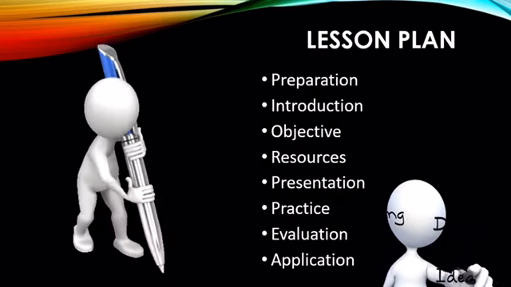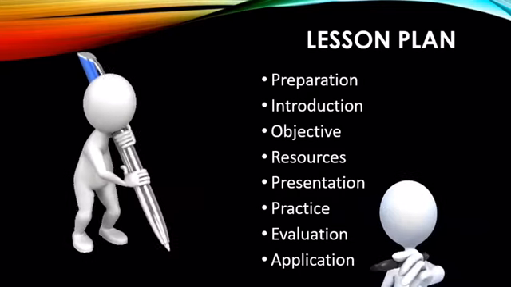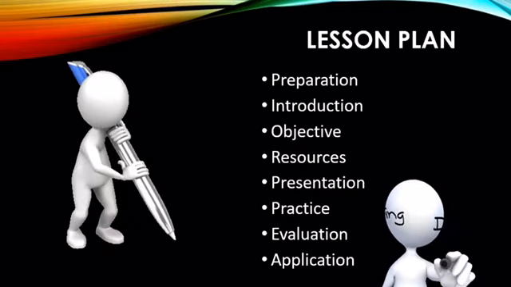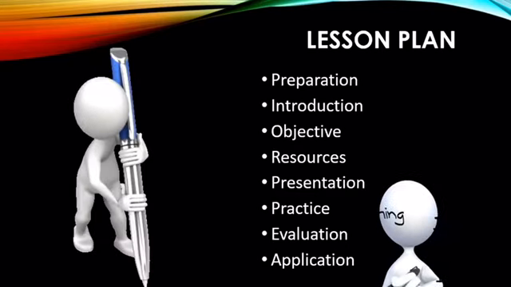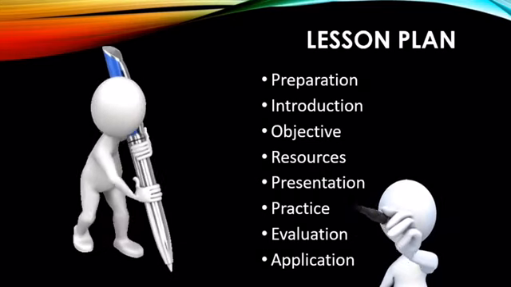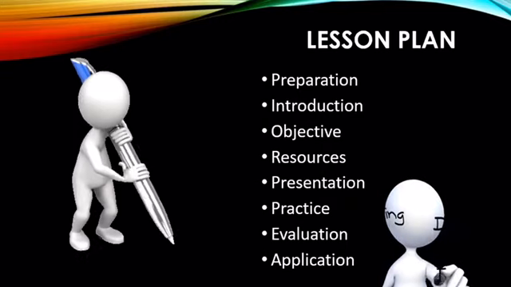The difference of this lesson plan from the regular lesson plan is in its objective, in its presentation, in using the resources and in the evaluation. These are the four major components where you can find a difference in this lesson plan.